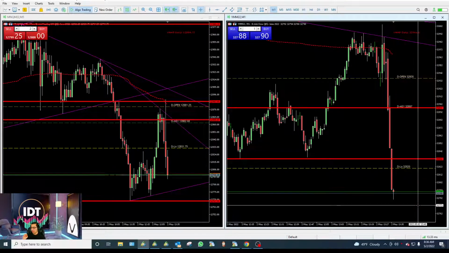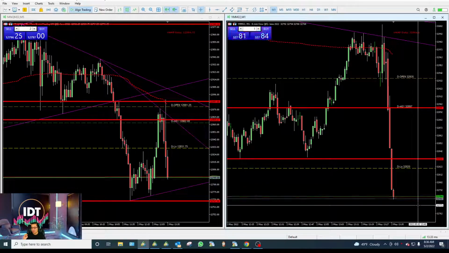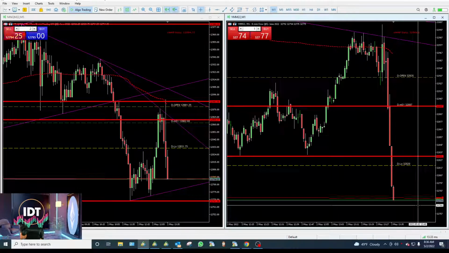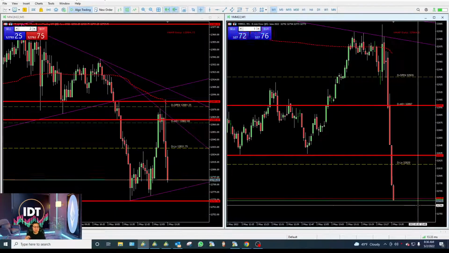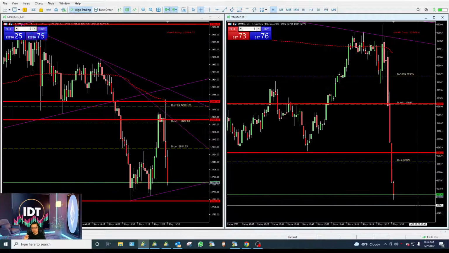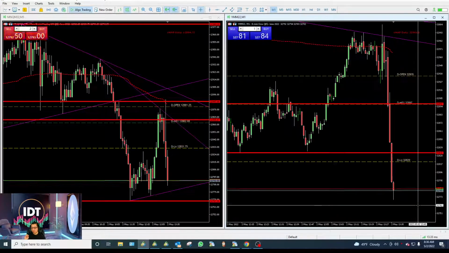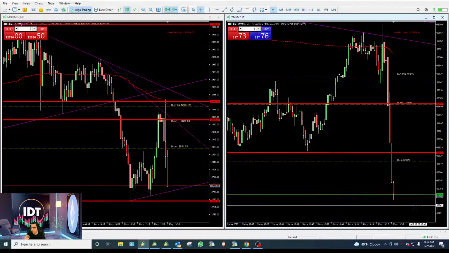The Dow, no second entry there. No pullback back up. Let's see if we get a pullback to test 32,832, but it looks like it's just flushing. Nasdaq coming down to its overnight low of 12,767.96.